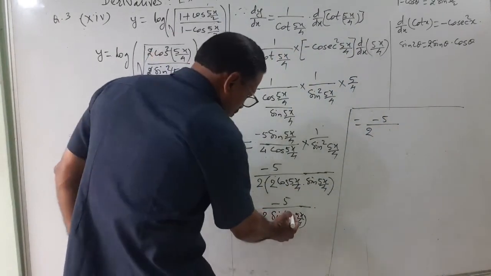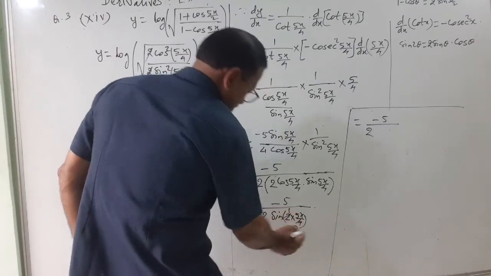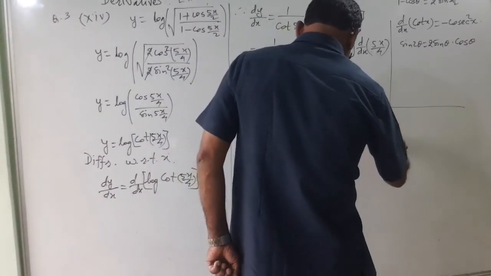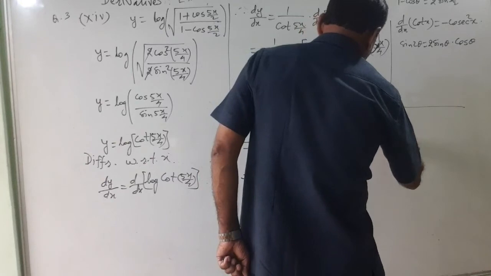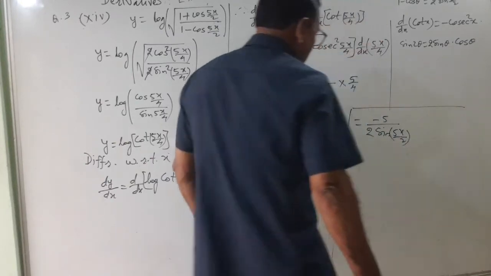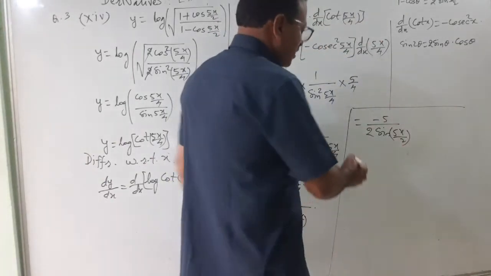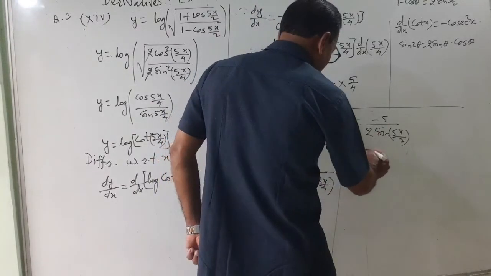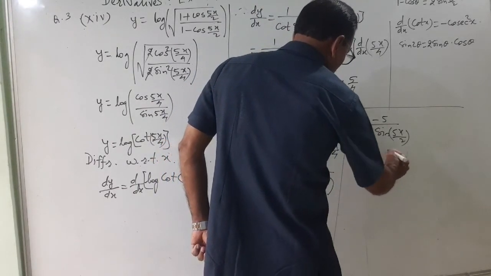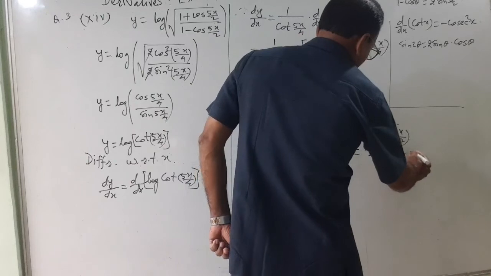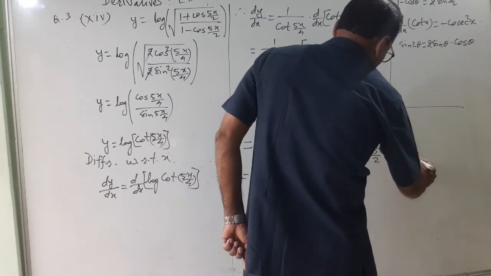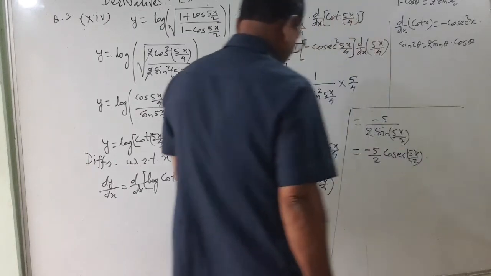And 2 ones are 2, 2 twos are 4, so sine of 5x by 2. But 1 upon sine means cosec. So that I will take, minus 5 upon 2 into cosec 5x by 2. This is the final answer.